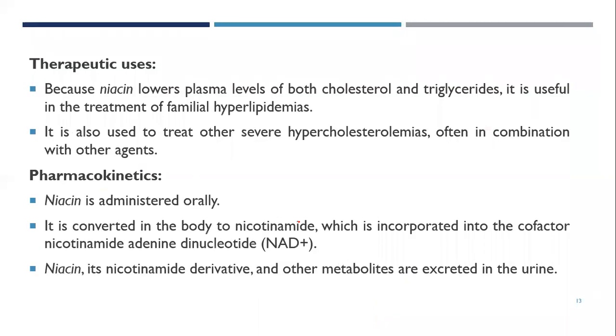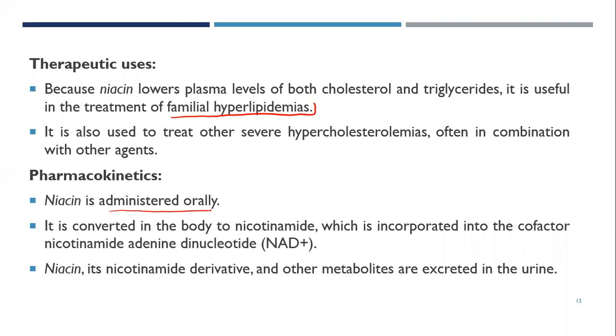Okay, so therapeutic uses of niacin, or nicotinic acid: it lowers the plasma levels of both cholesterol and triglyceride. It is useful in the treatment of familial hyperlipidemias. It is also used to treat other severe hypercholesterolemia, often in combination with other agents. Okay, so pharmacokinetics.